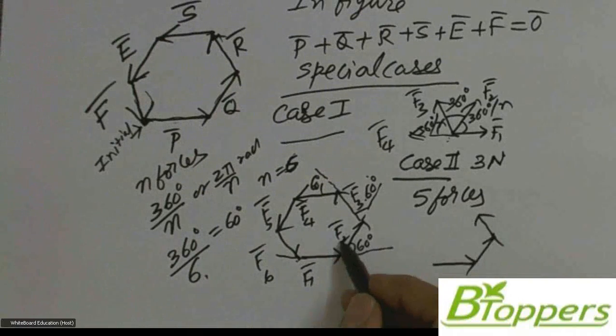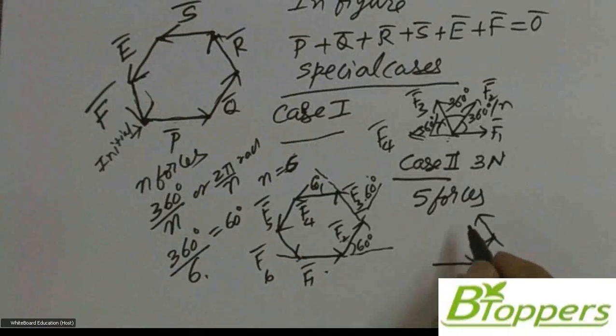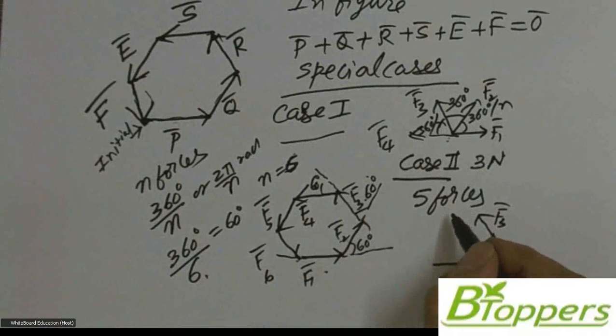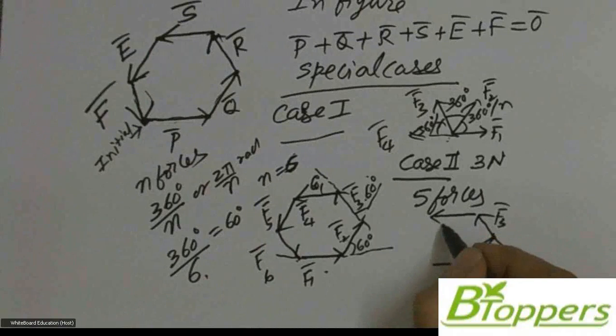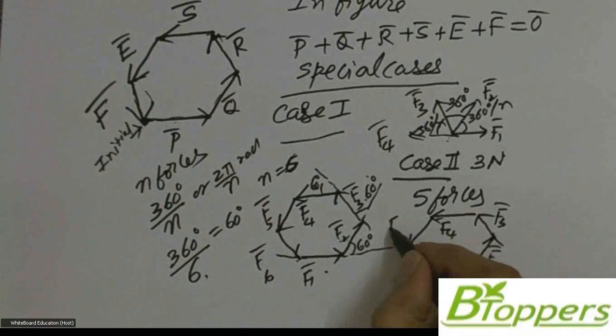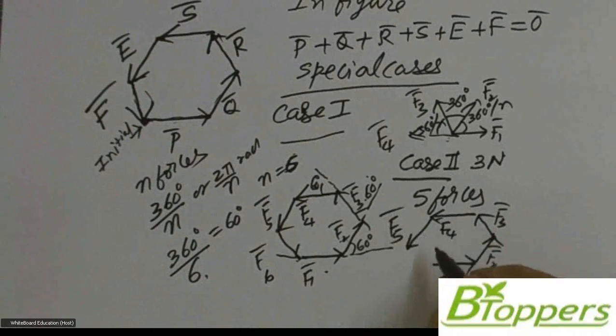Let us suppose the second force, just like in the earlier example, makes an angle of 60 degrees with the first one. Third force makes an angle of 60 degrees with the second, and fourth force makes an angle of 60 degrees with the third, and fifth force makes an angle of 60 degrees with the fourth force, F4 bar.